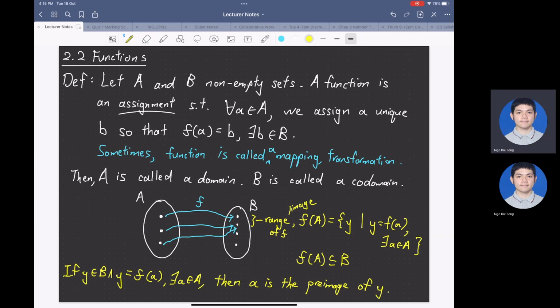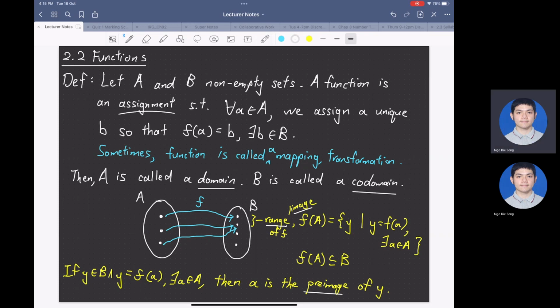So we have pre-image, range, image, domain, and codomain.